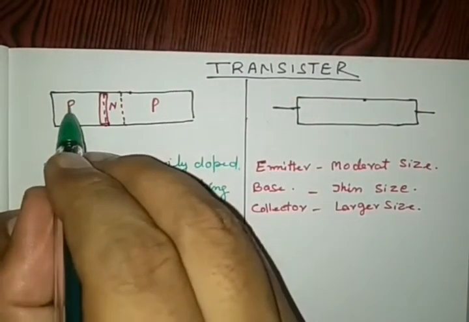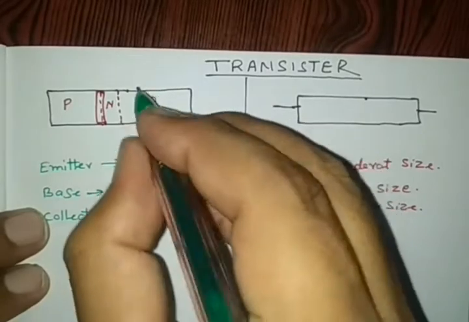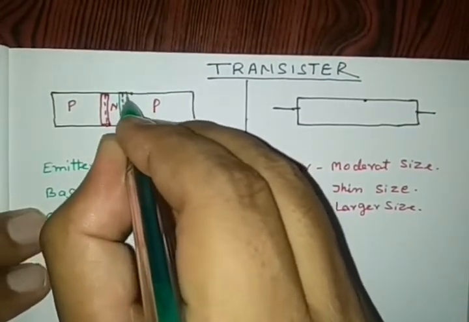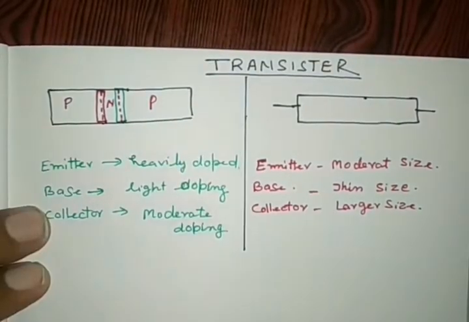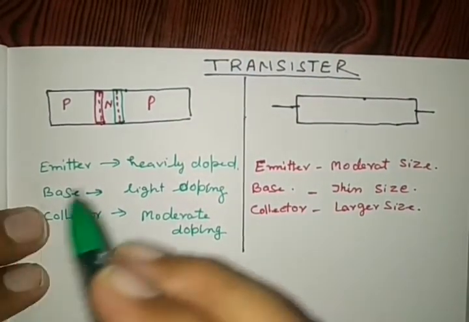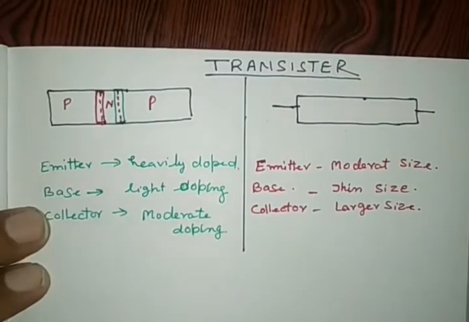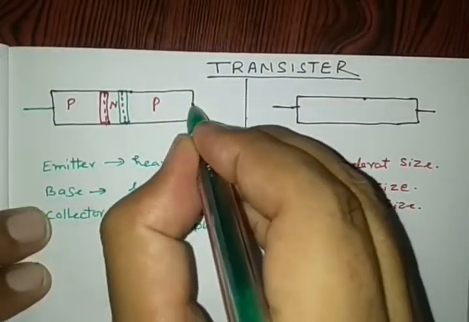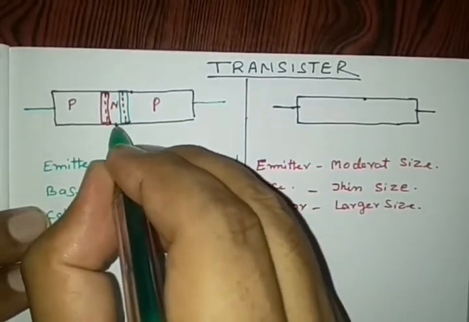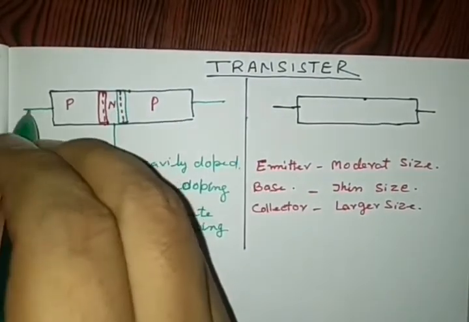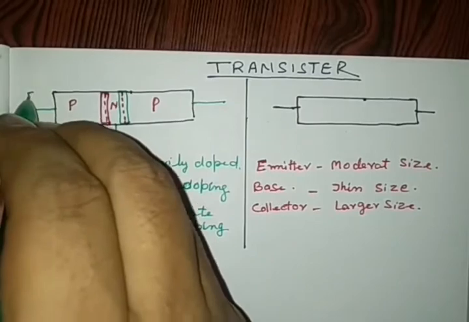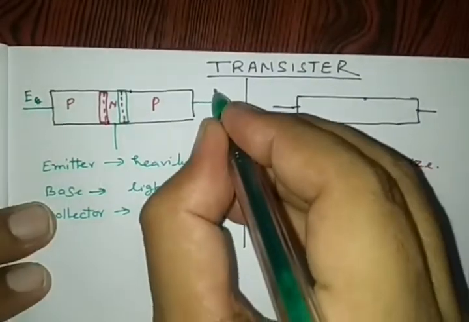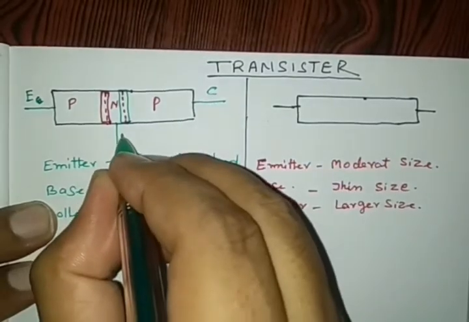One is between P and N, and another junction is here. It has three terminals, one on this side, another on this side, and the middle. This is the emitter, this is the collector and this is the base terminal.